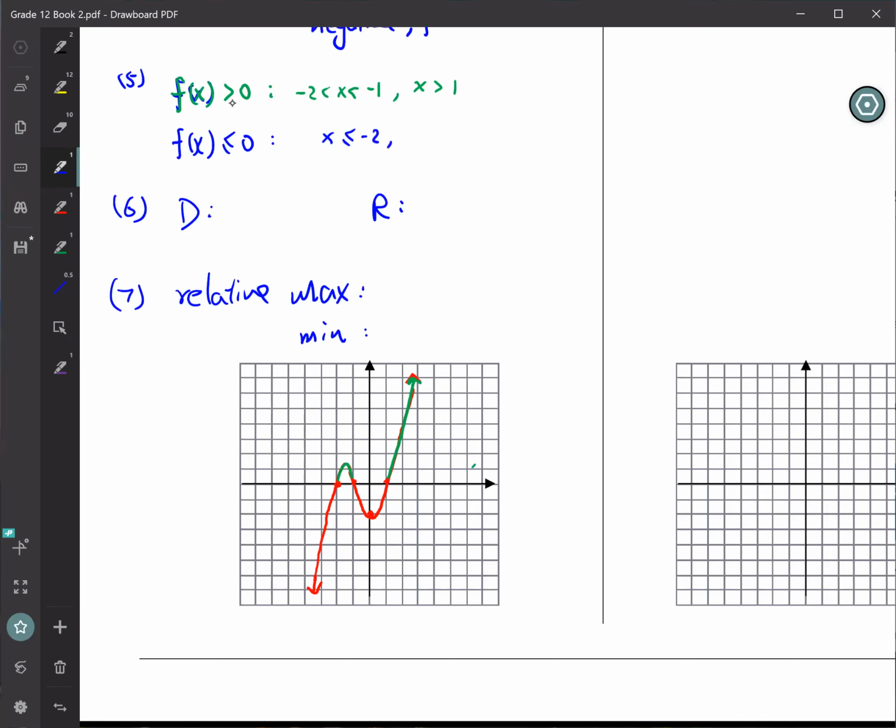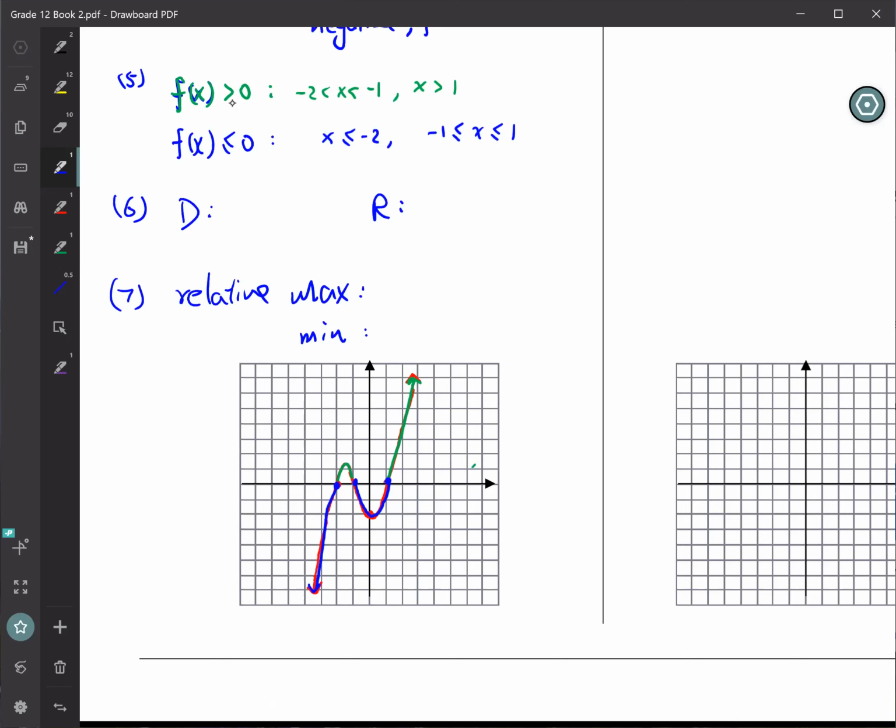And then -1 less than or equal to x, and then less than or equal to 1. Very good. So in between -1 and 1, and smaller than or equal to -2. Using color is much easier to understand.